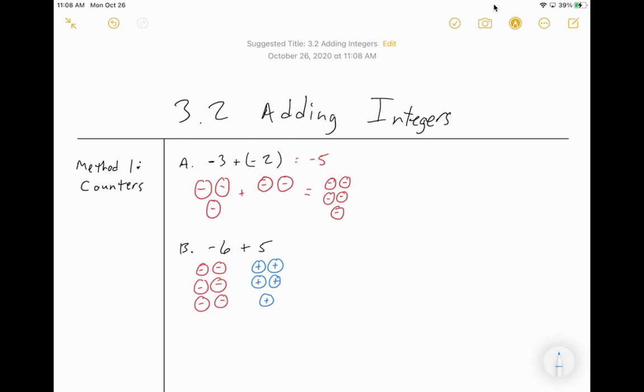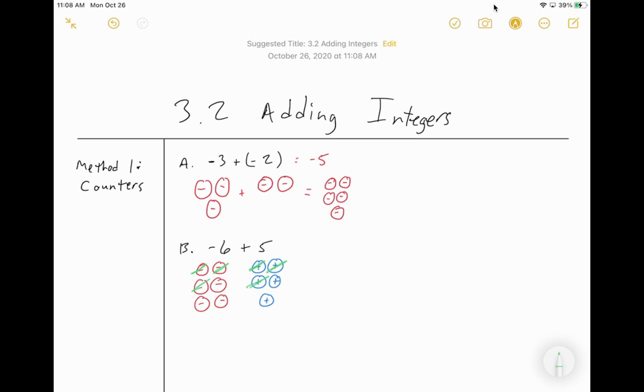All right, so here's the important part: understanding that a negative and a positive are going to cancel out and make a 0. We call that a 0 pair, right? So if you think about it, this negative and this positive cancel out. They make 0. Yeah? That means that this negative and this positive cancel out and they make 0 also.